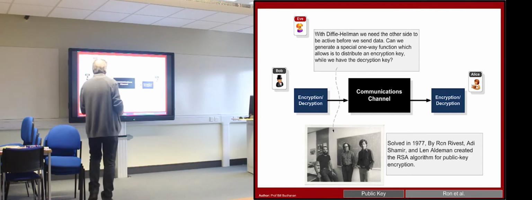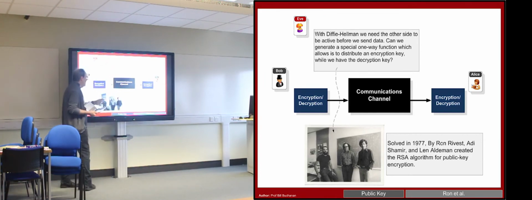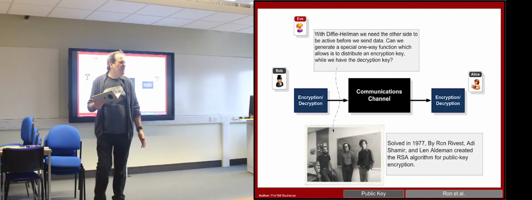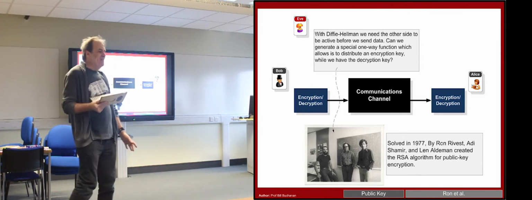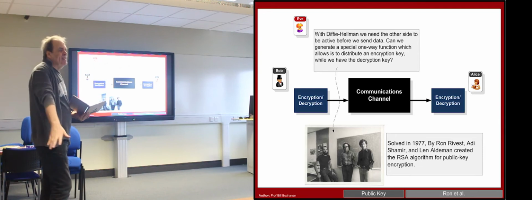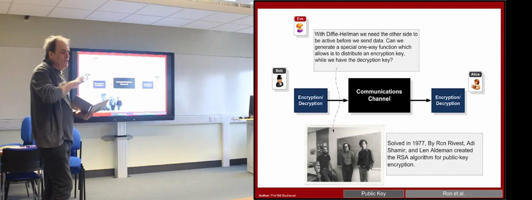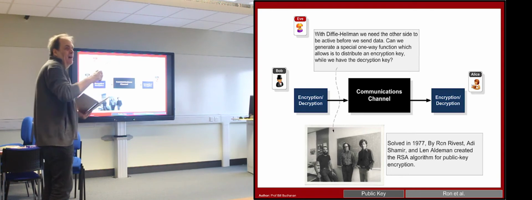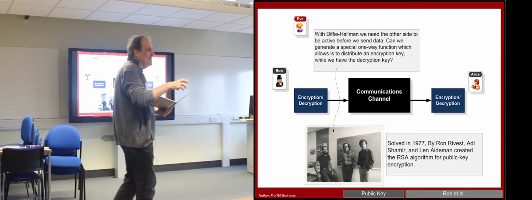And it was really cracked by these guys, Rivest, Shamir, and Adleman. Shamir is a great Israeli cryptographer with a long track record of amazing, groundbreaking, world-leading research in this area. If you've got a crypto protocol, Shamir will have a go at it and break it for you.